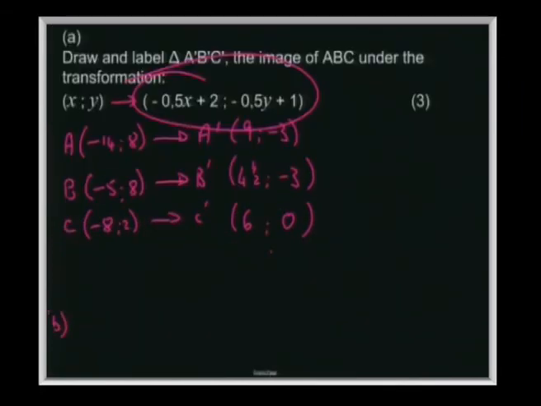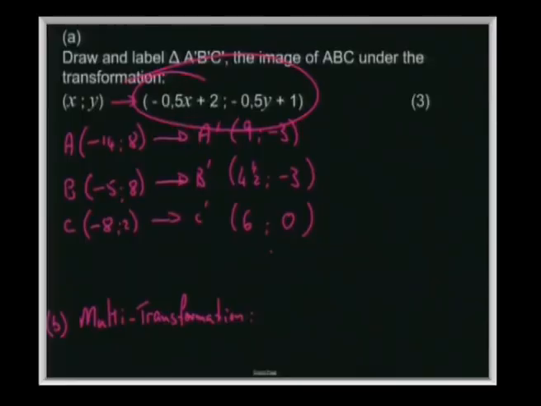Part B. It's a multi-transformation. That means multiple things have happened. Well, what has happened? The x and the y have negatives in front of it. So it has been a rotation of 180 degrees. Right.